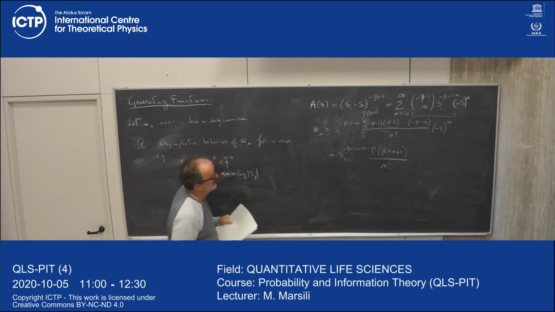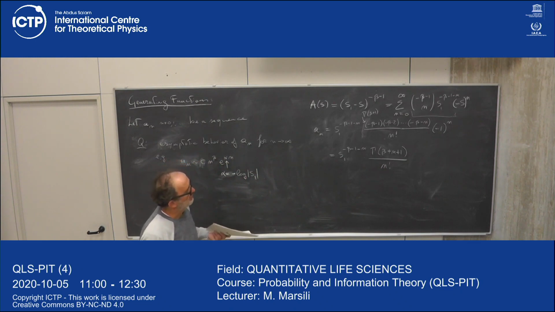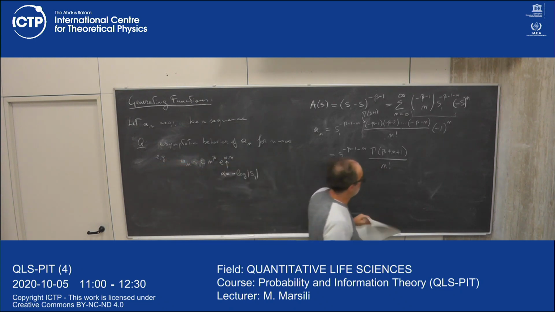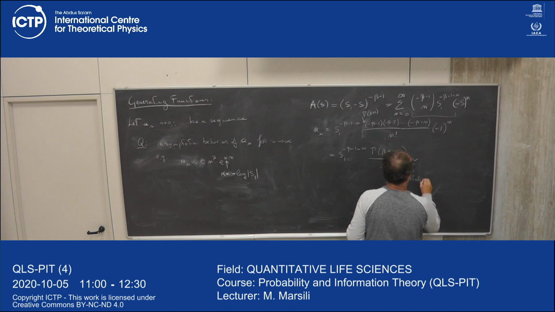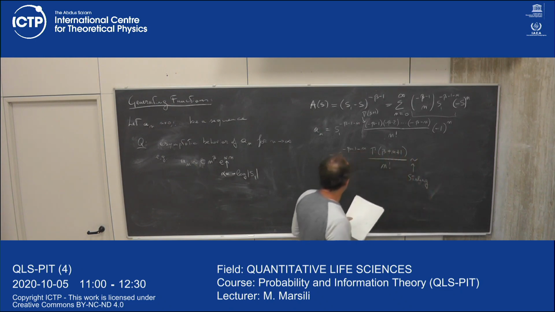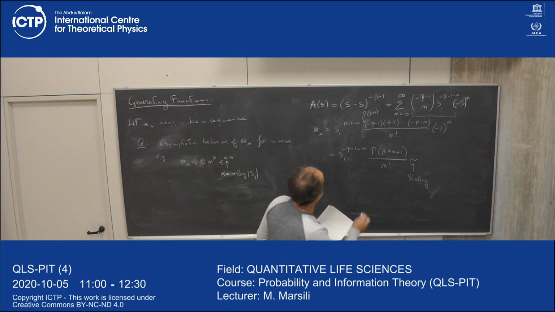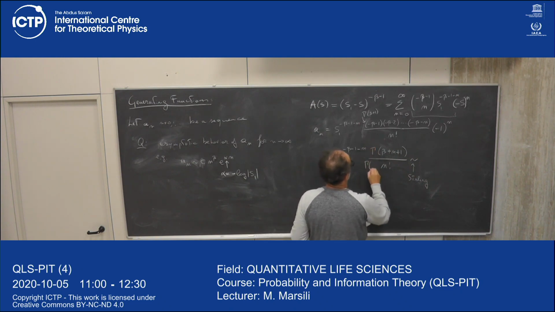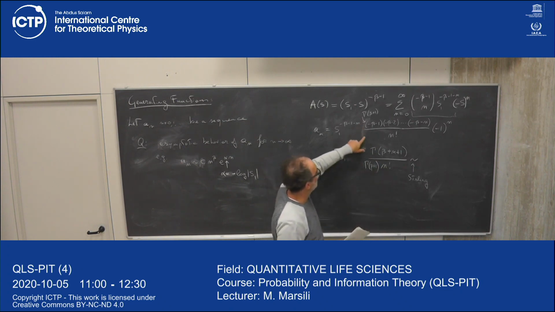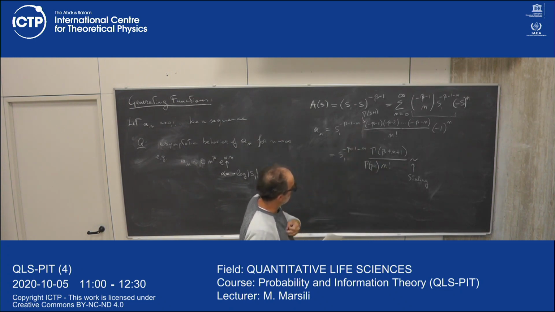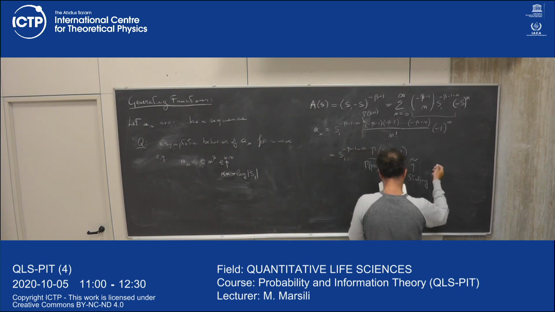Okay. Now, if I want to compute the asymptotic behavior, I can use Stirling's formula. And I give you this as an exercise. Oh, sorry, and there is a gamma of beta plus 1 in the denominator because I'm multiplying both above and below.